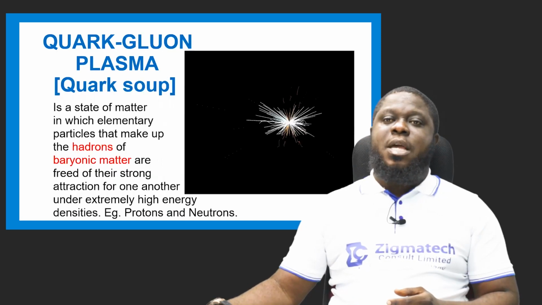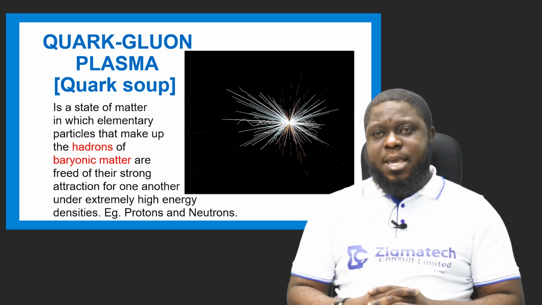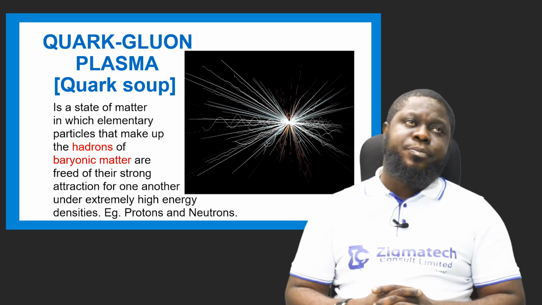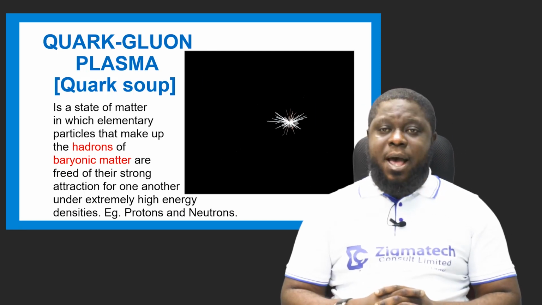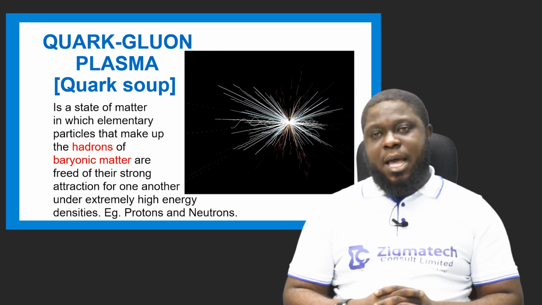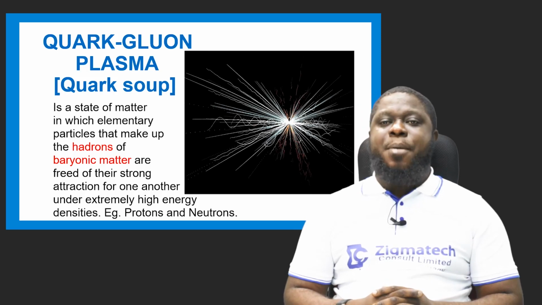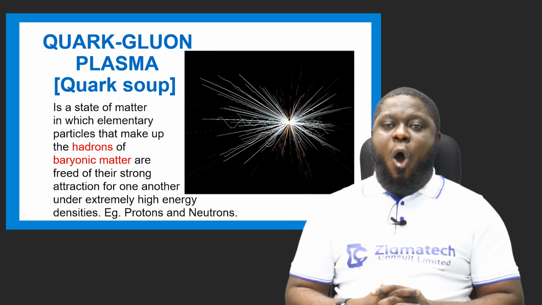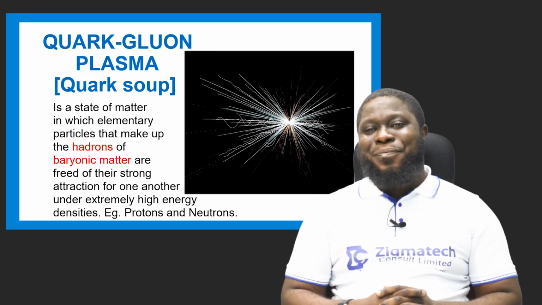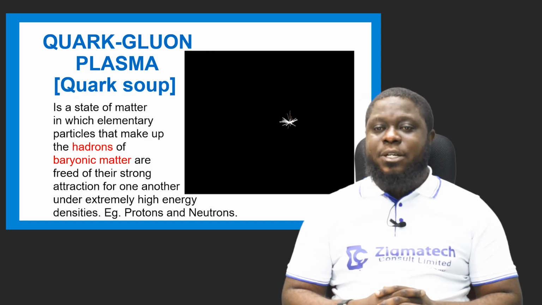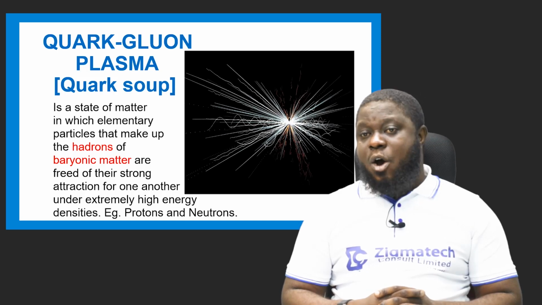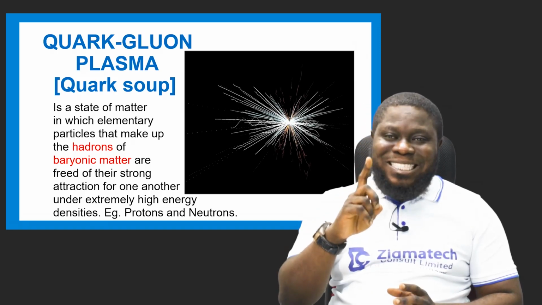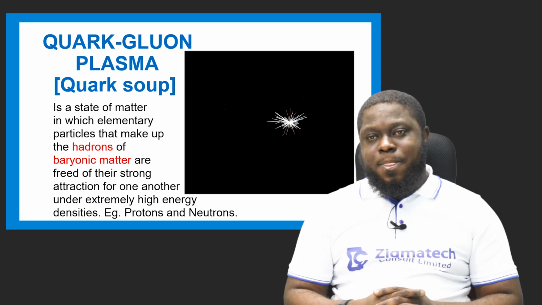Now, let's know what a quark-gluon plasma is. It's also called a quark soup. The quark-gluon plasma is a state of matter in which elementary particles that make up the hadrons of bionic matter are freed of their strong attraction for one another under extremely high energy densities.